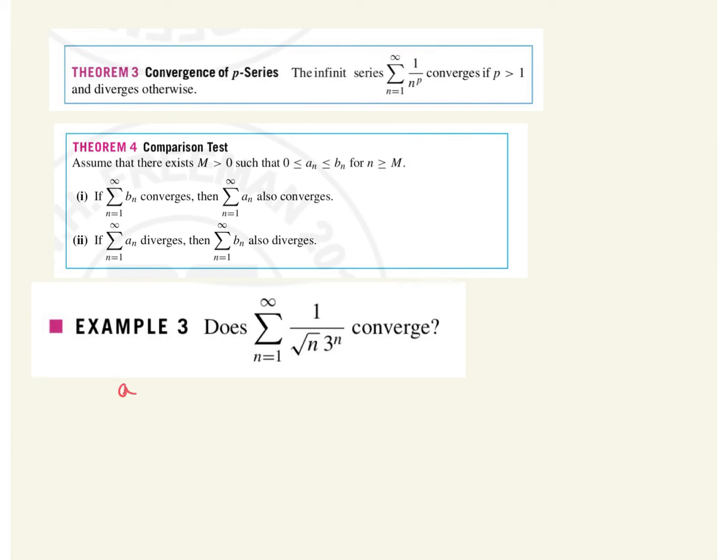I'm going to call this a sub n, which is 1 over root n, and 1 over 3 to the n is my b sub n, and the way it's written, a is smaller than b. This one's pretty straightforward because b is geometric, r is less than 1, therefore it converges.